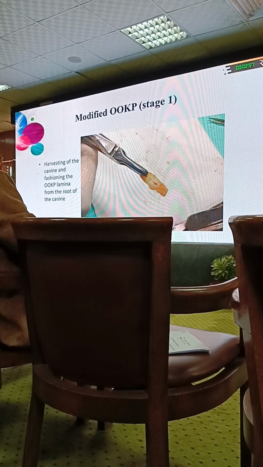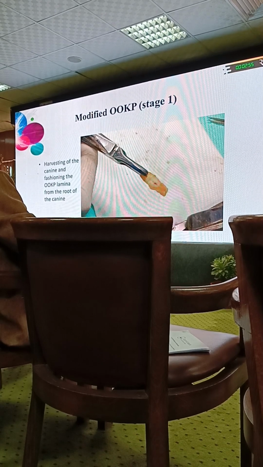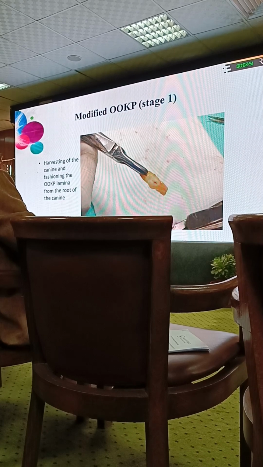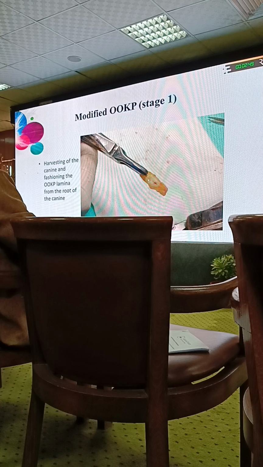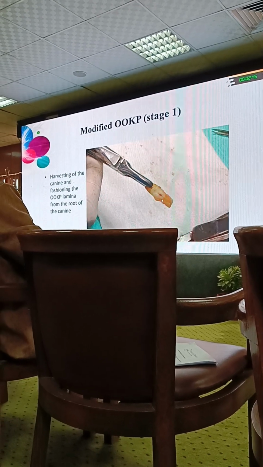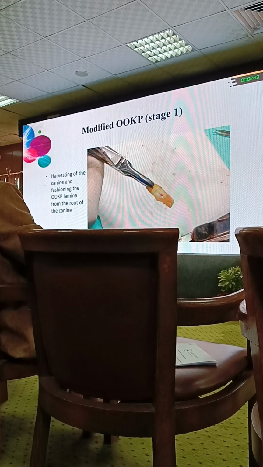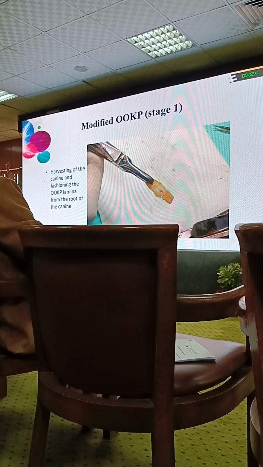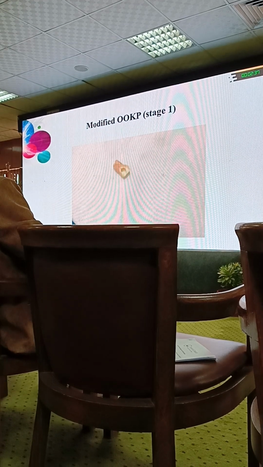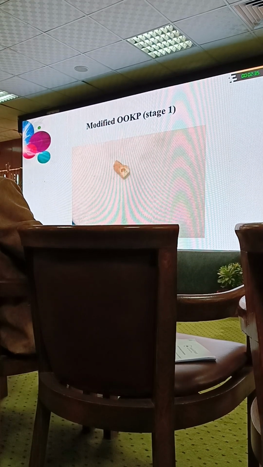Now, in stage 1 also, we harvest the canine and fashion the OKP lamina from the root of the canine. So this is the harvested canine. It is nearly cut into 2 halves, and this is the dentine. Then a hole is made in the dentine.